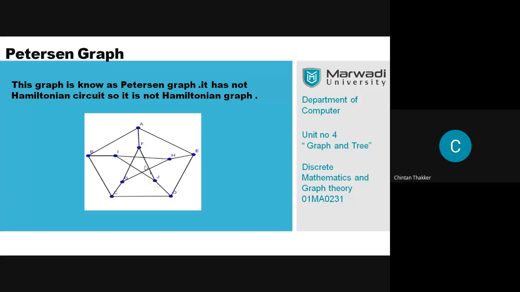So it is not a Hamiltonian graph. This graph is called Petersen graph and it has the property that it is not Hamiltonian. So if the question is define the Petersen graph, you have to draw this graph and write that this graph is called Petersen graph.